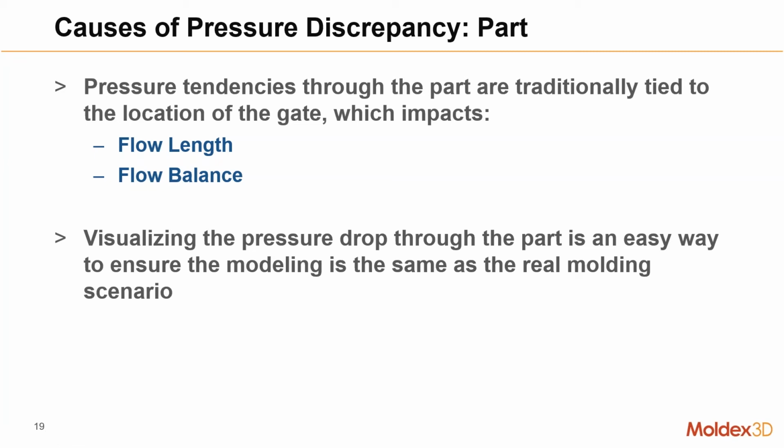If our flow length is different from reality, the pressure drop is going to be different, and that's a huge problem. The other thing is flow balance. The location of our gate is going to severely impact the balance of our flow, how we can get the material to the end of fill regions more or less at the same time.